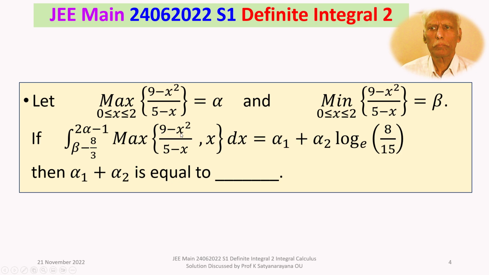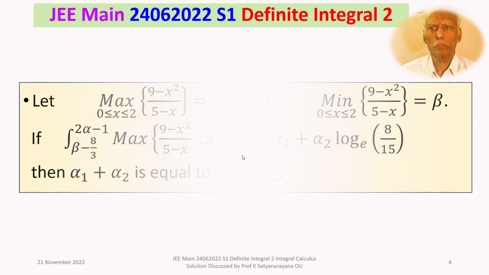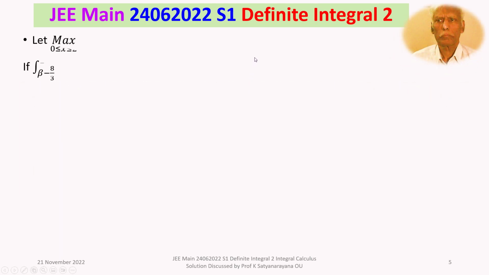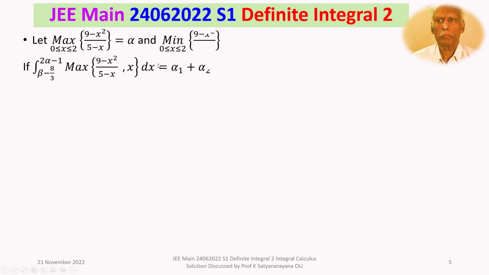The first function is (9 minus x square) by (5 minus x), and the second function is x, the maximum of this, with respect to x. If it evaluates to alpha 1 plus alpha 2 log of 8 by 15 to the base e, then we have to find alpha 1 plus alpha 2. We now discuss the solution of the problem in detail, and this is the given question that we have just seen.